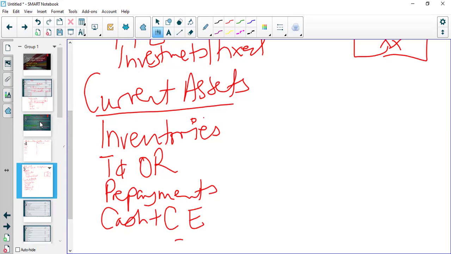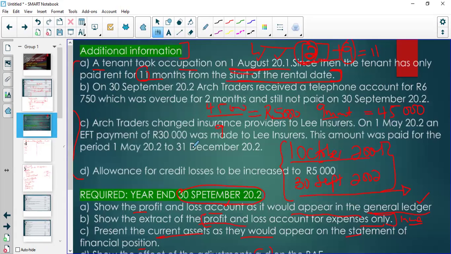So let us do this now. Let us start with the adjustments. You see there that there is accrued income. Accrued income is a current asset, so it's going to be reported under trade and other receivables.